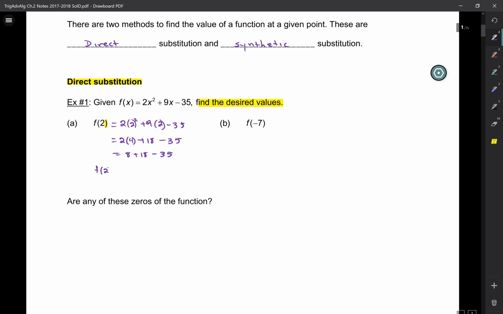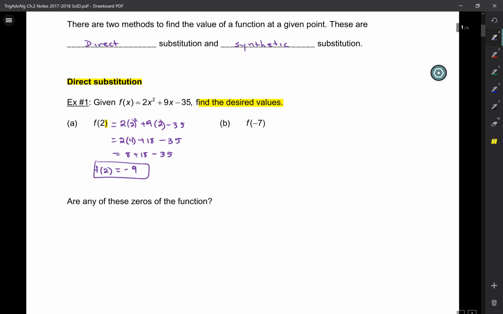So f of 2, 8 plus 18 is what? 26 minus 35. Oh, negative 9. I'm so sorry. Okay, all right, so negative 9. So f of 2 is equal to negative 9. All right, so what we did is we just put in 2 for each of the x's.